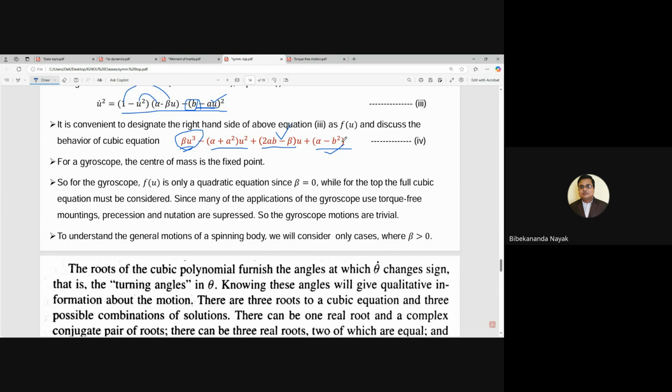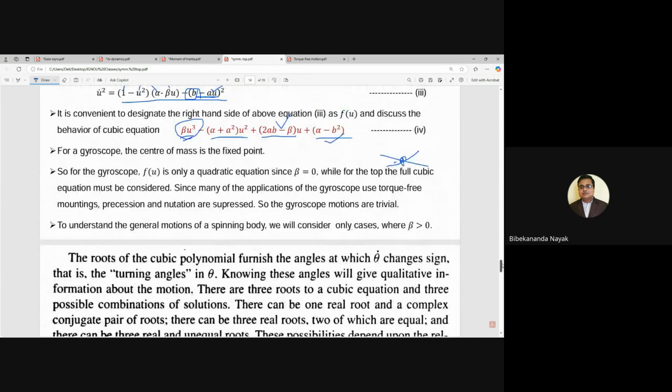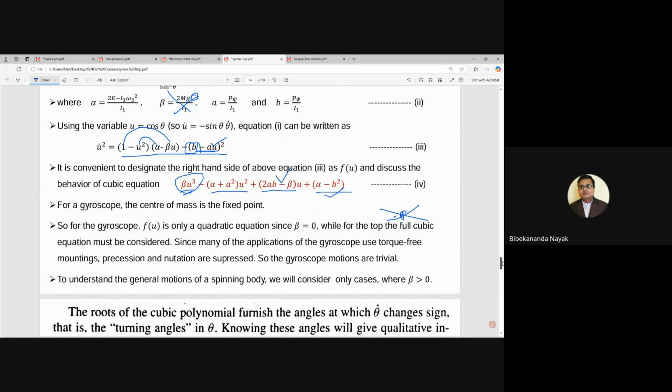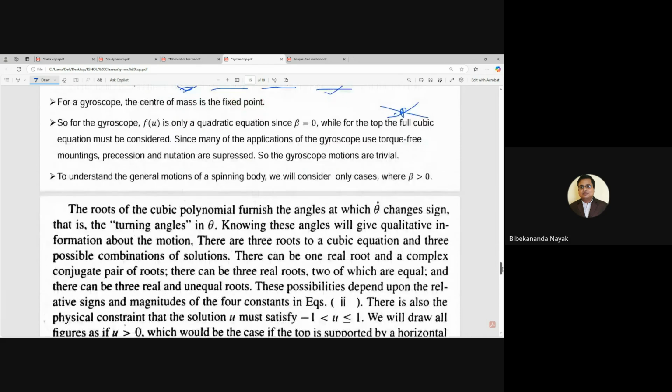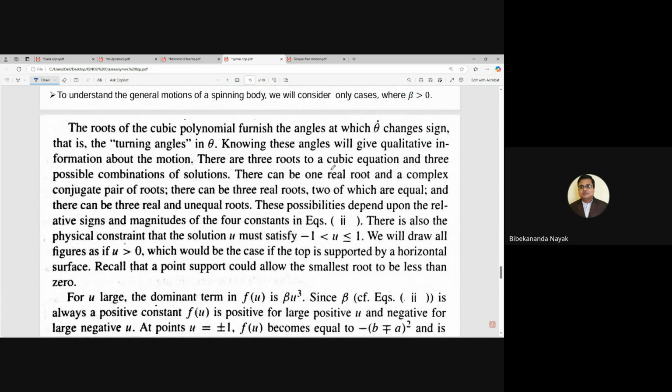If this function has both positive and negative values, then there must be a point where it crosses the axis at 0. That is called a turning angle. Since it is a cubic equation, u to the power cube, there are three roots of the equation.